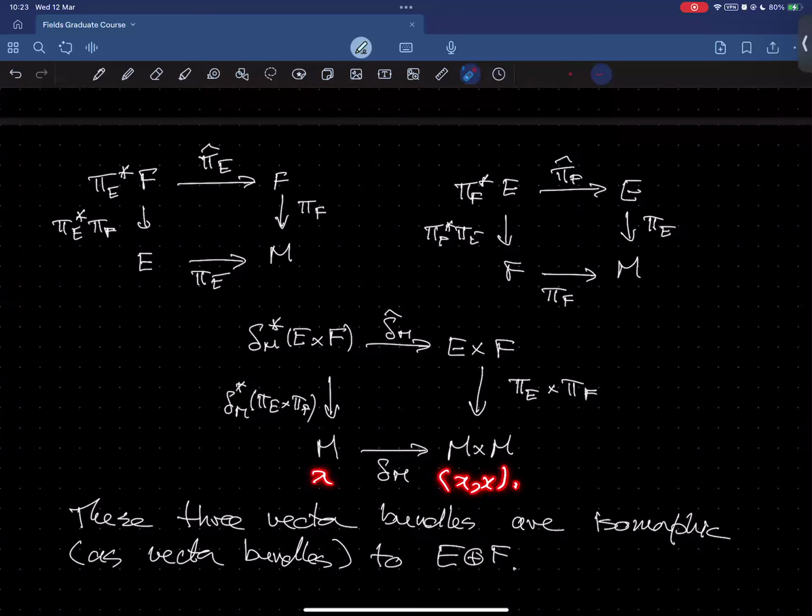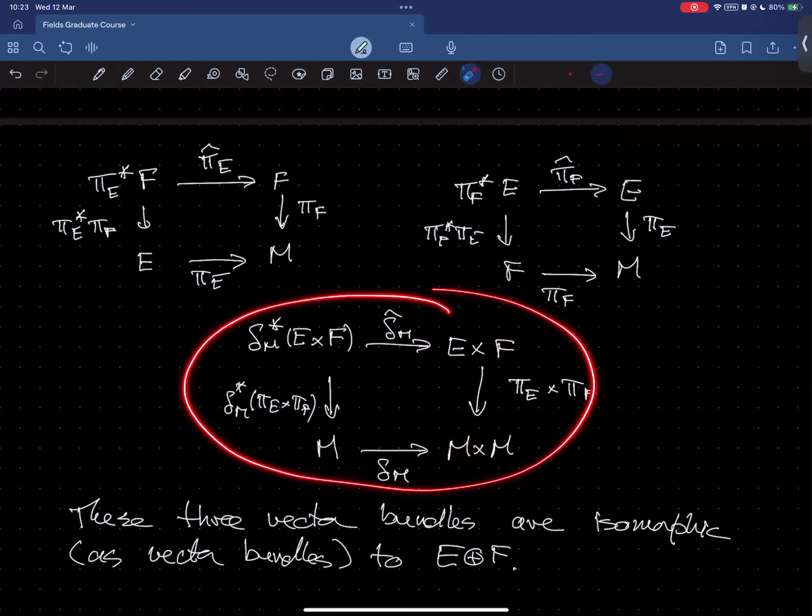And so now, according to the pullback construction, I consider points here which map to points of the form X cross X. Well, again, this is just telling you that I'm going to take points in E cross F which have the same base point, okay? And so again, as sets, it's easy to see that this thing is in bijective correspondence with this thing.